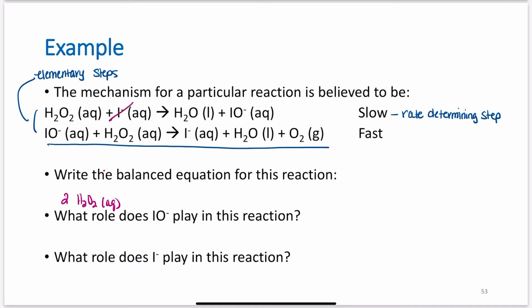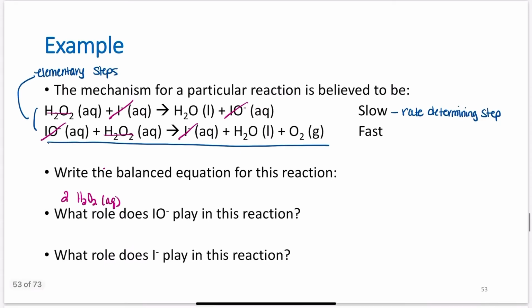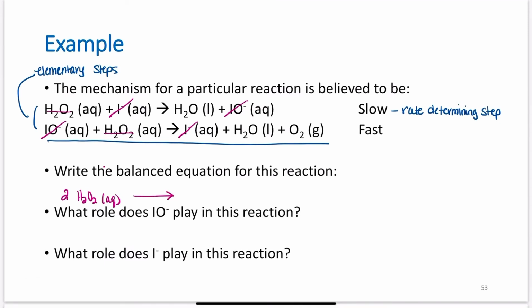Let's see, I minus cancels with I minus. IO minus cancels with IO minus. And I've already written down my H2O2s. This reacts to produce 2 moles of H2O liquid plus O2 gas.